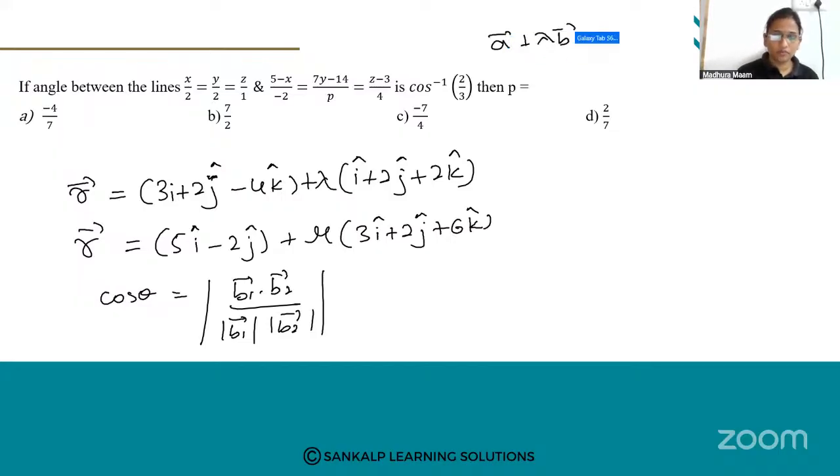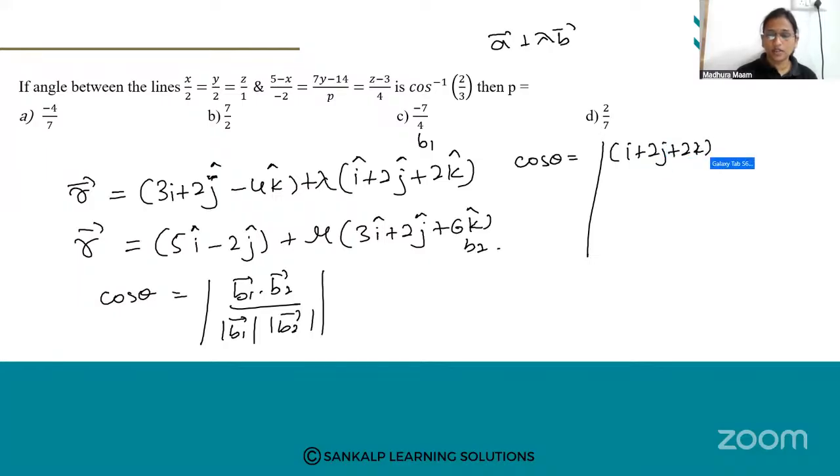So in place of b1 you have i plus 2j plus 2k, and in place of b2 you have 3i plus 2j plus 6k. So let us find cos theta equals i plus 2j plus 2k dot 3i plus 2j plus 6k divided by the magnitude.